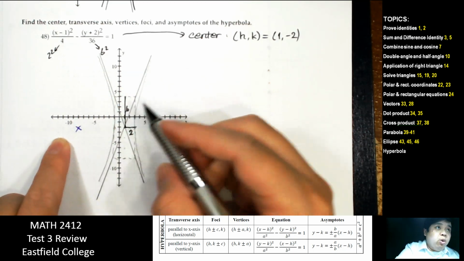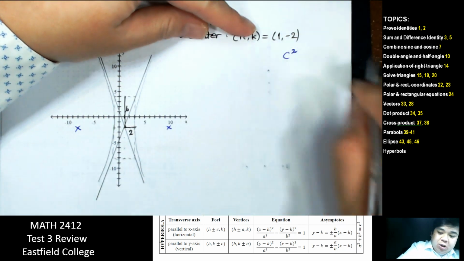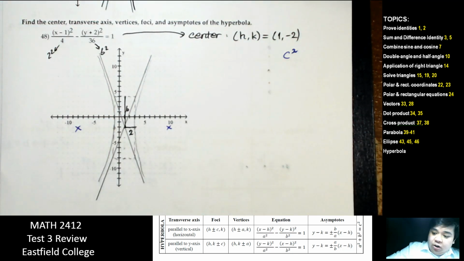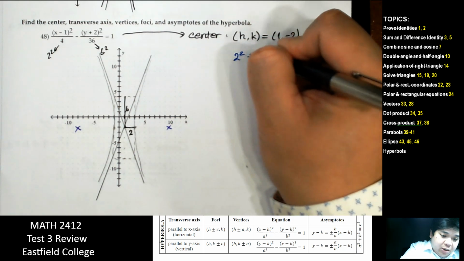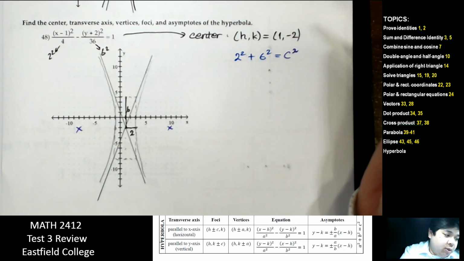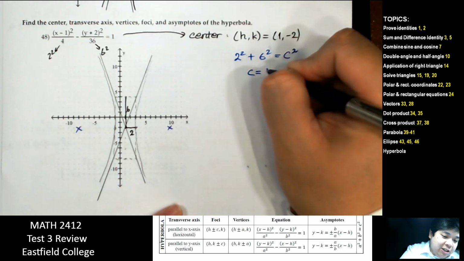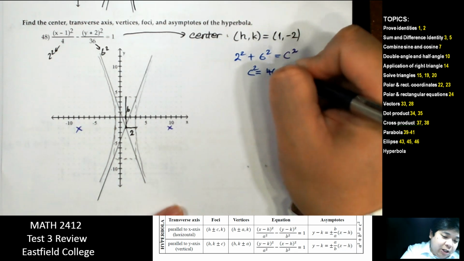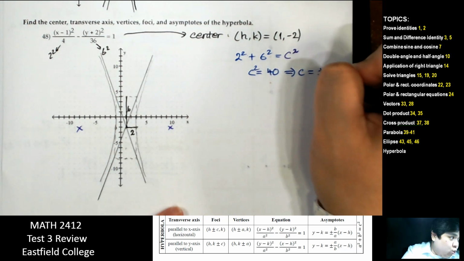The distance to the foci will be the biggest one, so I put that by itself. On the other side we will have 2 square and 6 square, so that will be 40. C square is 40, so C is plus or minus square root of 40.